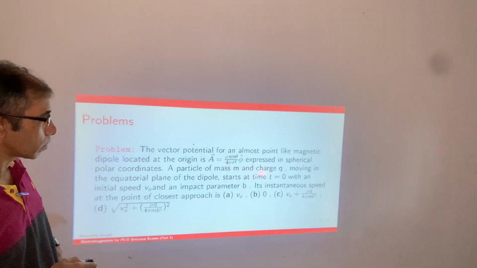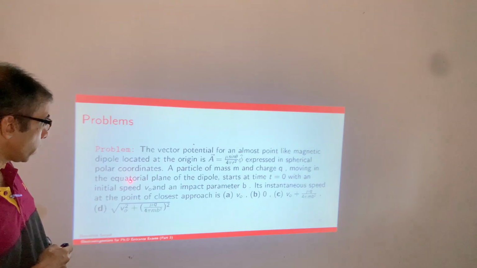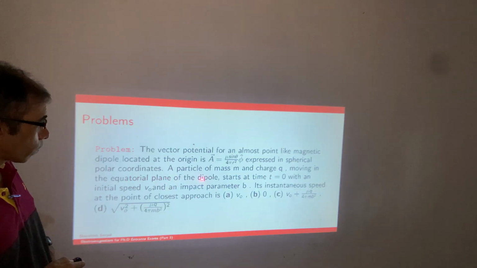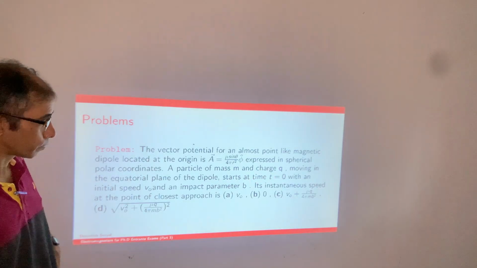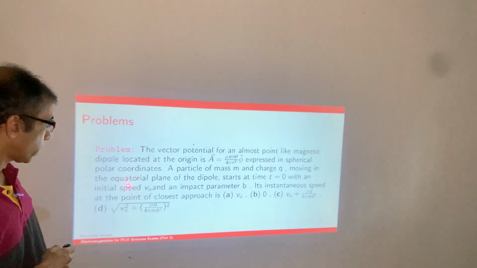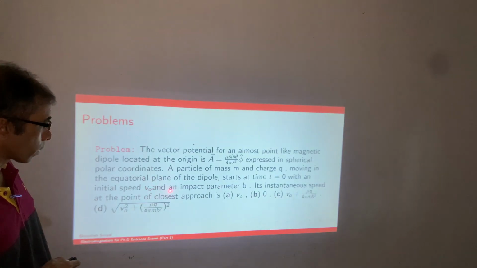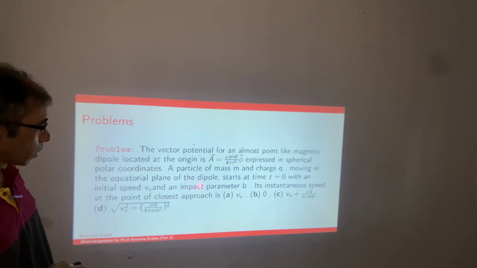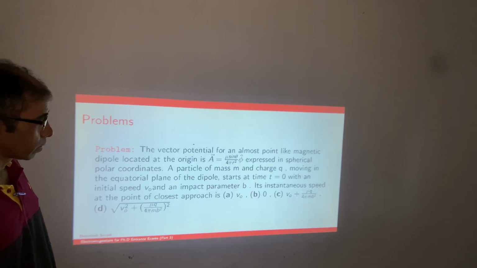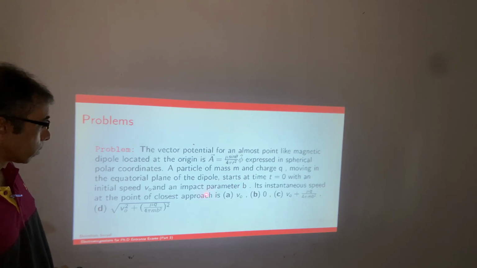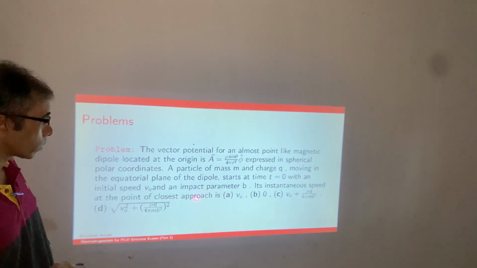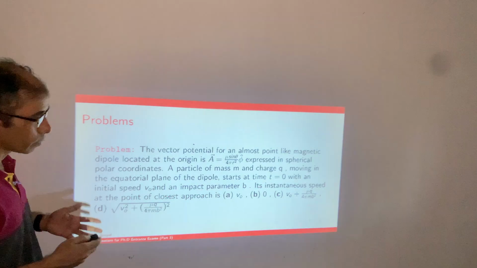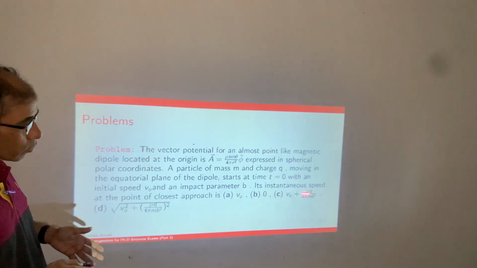A particle of mass m and charge q moving in the equatorial plane of the dipole starts at time t equal to 0 with an initial speed v0 and impact parameter b. We have to find the instantaneous speed at the point of closest approach. They have given these four options.